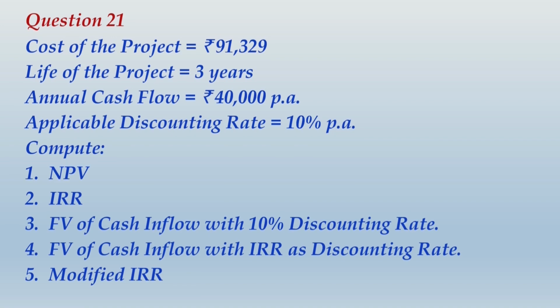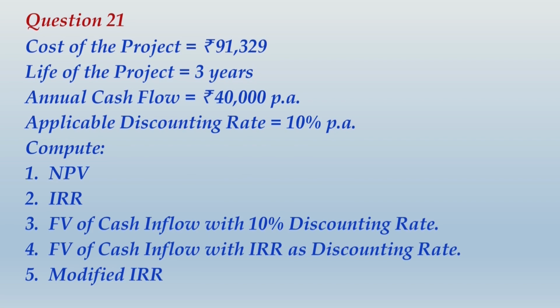You are required to compute NPV, IRR, future value of cash inflow with 10% discounting rate, future value of cash inflow with IRR as discounting rate, and then modified IRR. So friends, actually speaking, the first 4 requirements of the question, you have already learned how to determine.